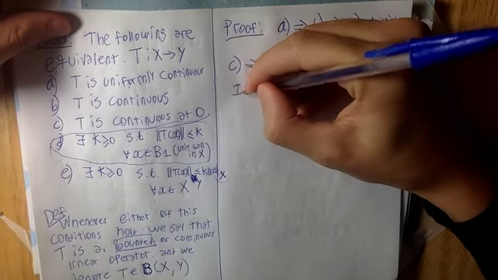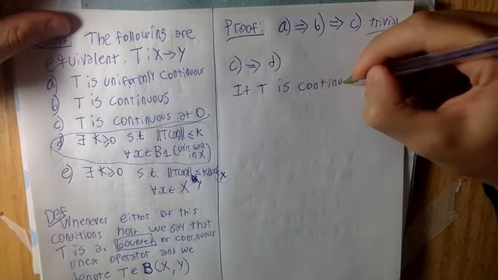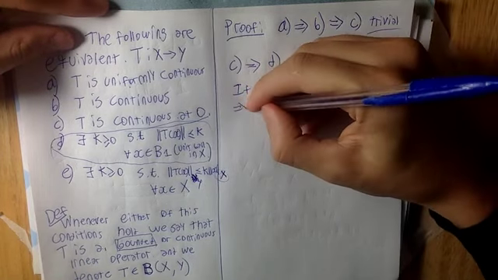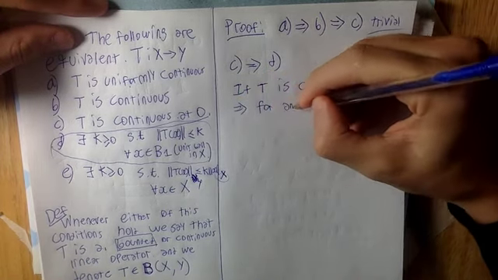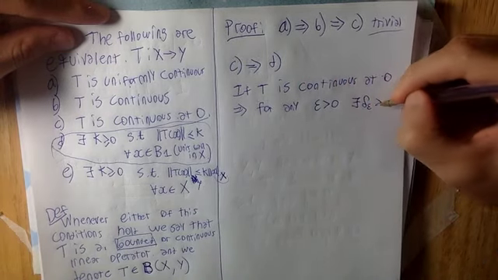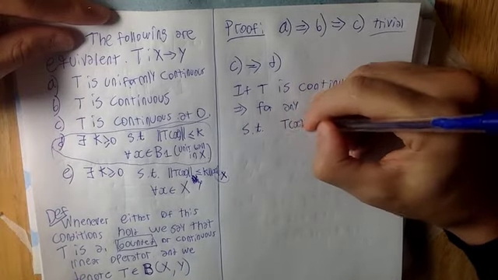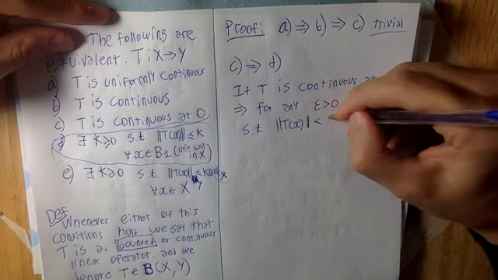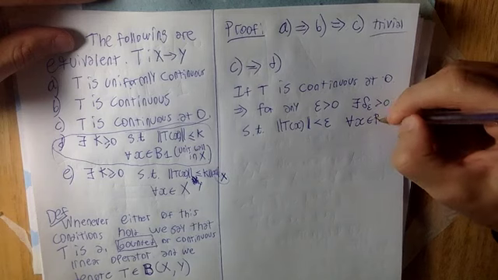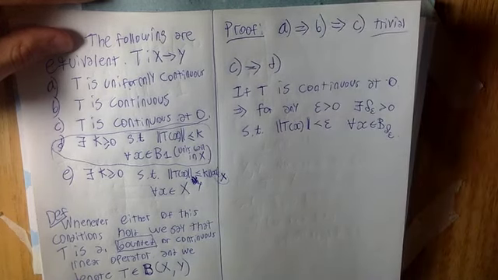If T is continuous at 0, then for any epsilon positive, there exists a delta of epsilon positive such that the norm of T of x is less than epsilon for every x in the ball of radius delta epsilon.